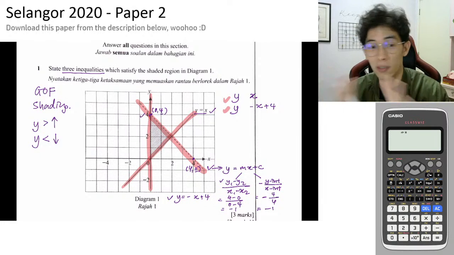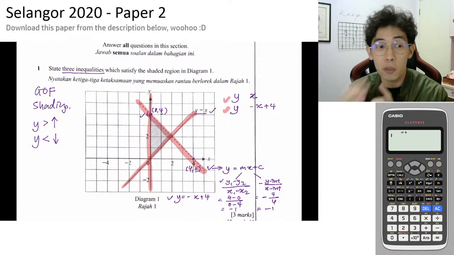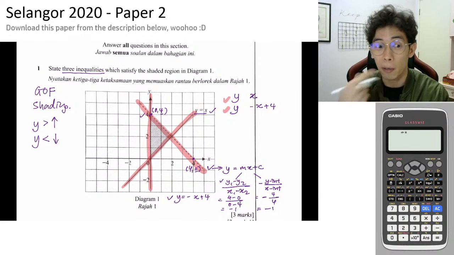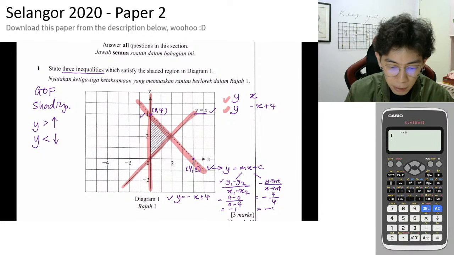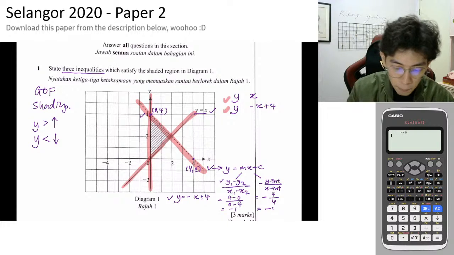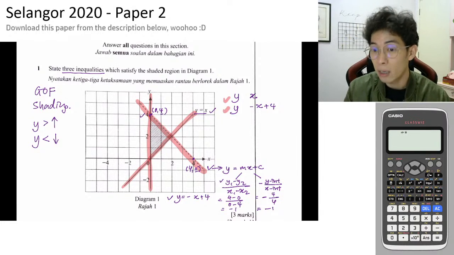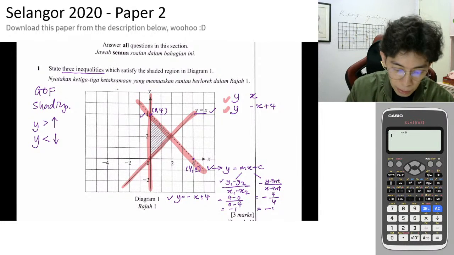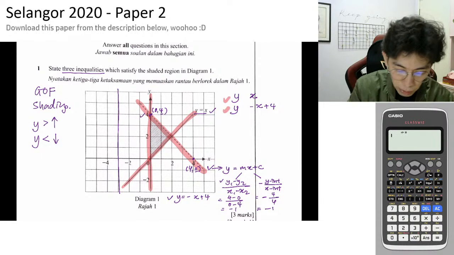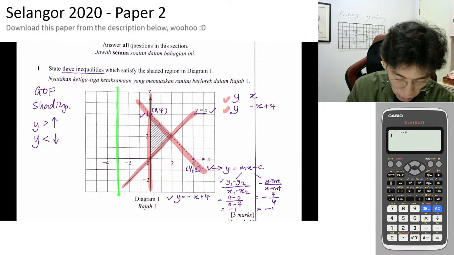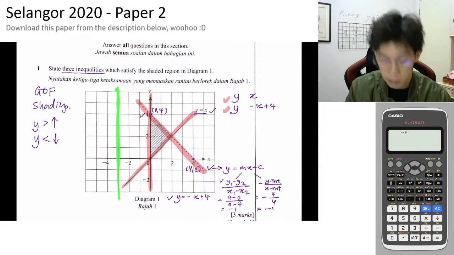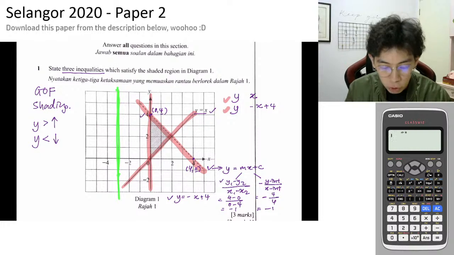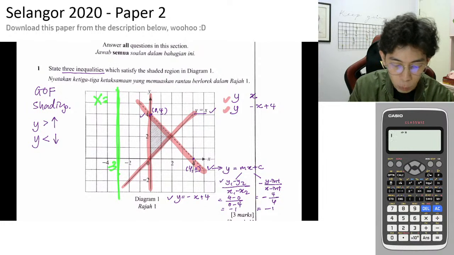And everyone, this is something simple. It benefits your transformation as well, you see? If there is a line over here, we name it as x equals -3.